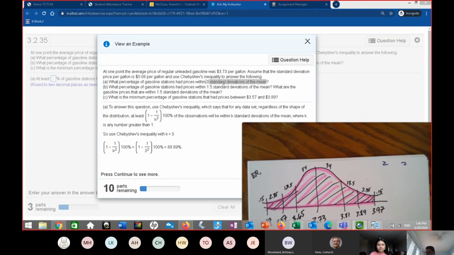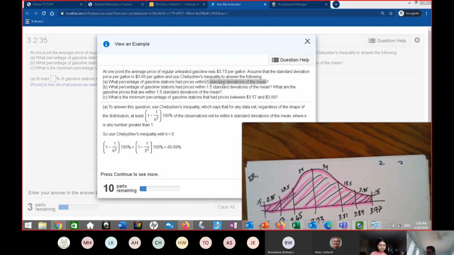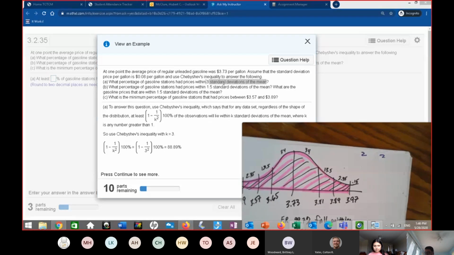Chebyshev says 1 minus 1 over k squared multiplied by 100, and that would be 1 minus 1 over 3 standard deviations squared, which would be 1 minus 1/9, which would be 8/9, right? 9/9 minus 1/9 is 8/9.